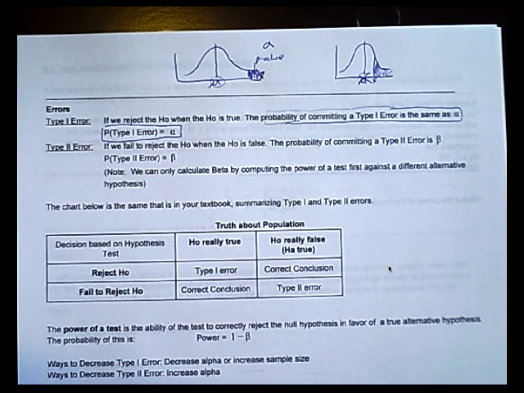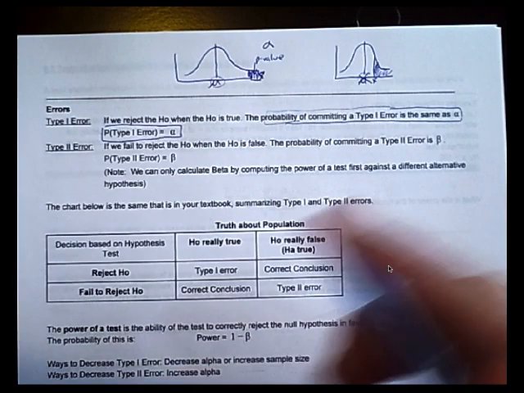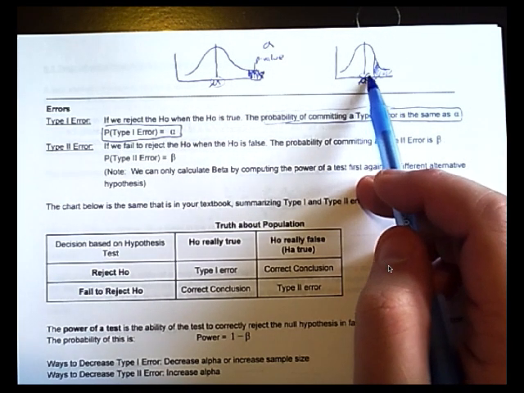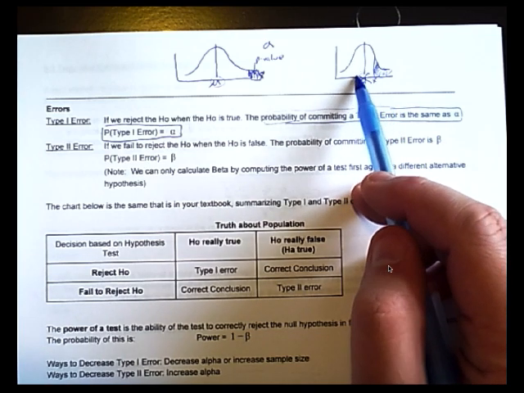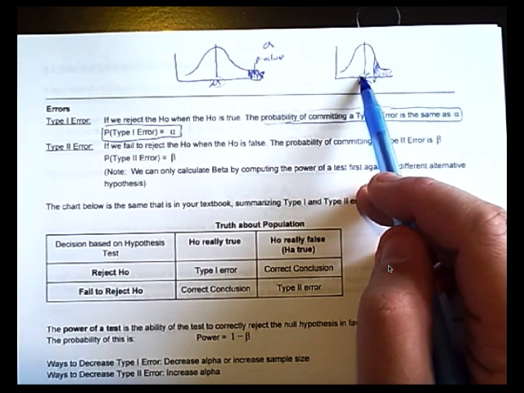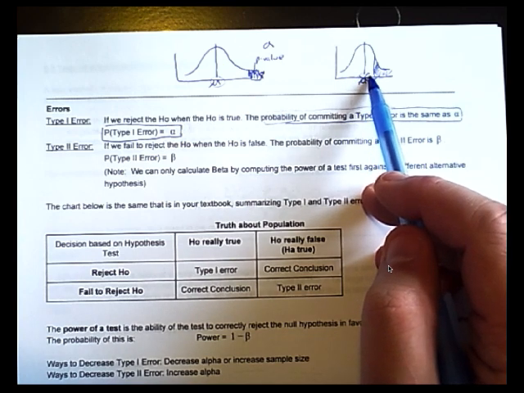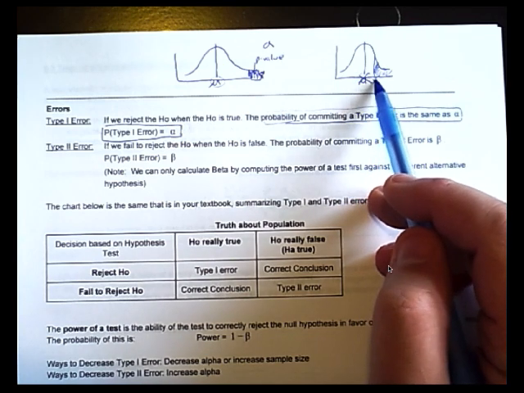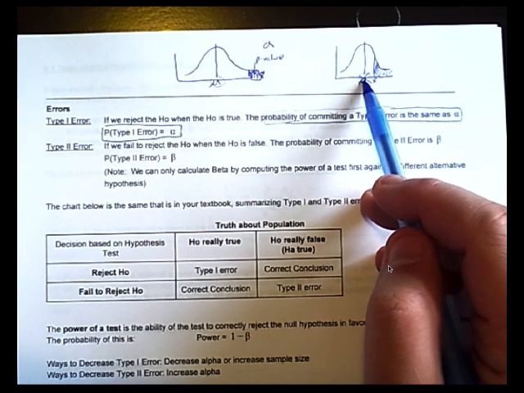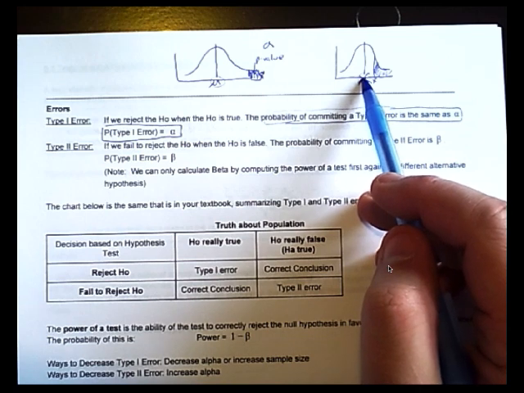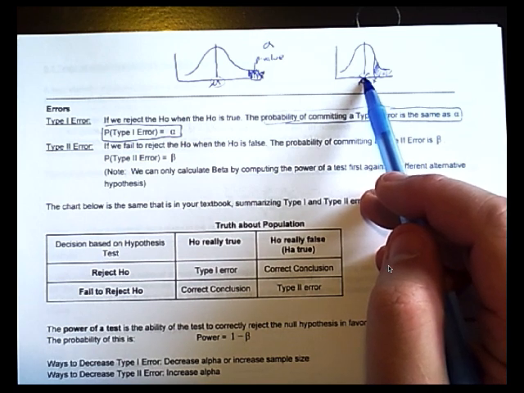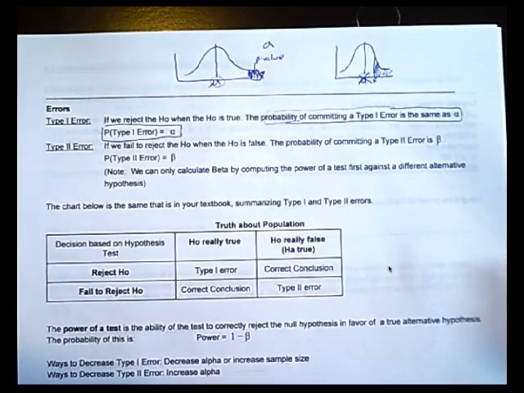Now, a type 2 error is not being able to get rid of this, not being able to reject this. If we fail to reject this null hypothesis when it really is false, our evidence wasn't good enough to get rid of it. We don't know if it's false or not unless we were able to get everybody in the population. And so that would be a type 2 error.